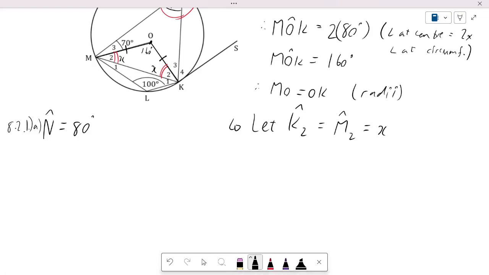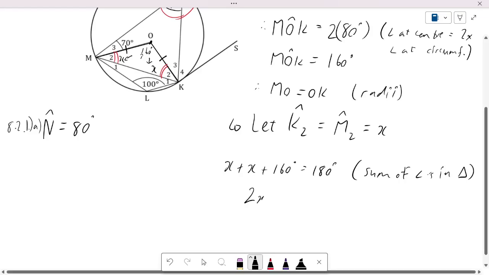We have the sum of the angles, so it's going to be X plus our 160 degrees. This angle plus this interior angle plus this interior angle is going to be equal to 180 degrees, and the reason why is because it's the sum of angles in a triangle. Now we have x plus x, which is 2x, plus 160 degrees.